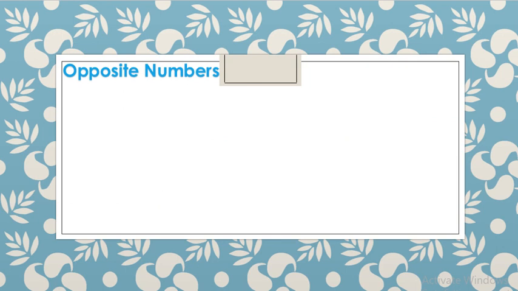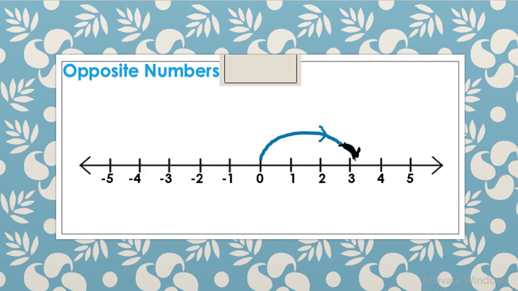First we are going to begin with opposite numbers. On the number line, when the rabbit jumps 3 units to its right from 0, it reaches the number plus 3. When the rabbit jumps 3 units to its left from 0, it reaches the number minus 3. Both the distances from 0 are equal.